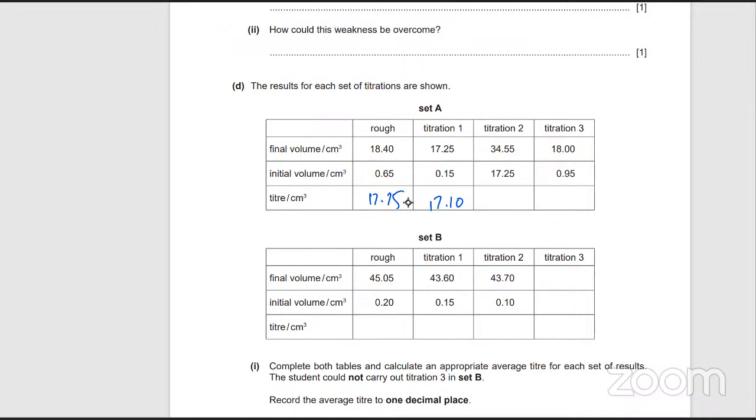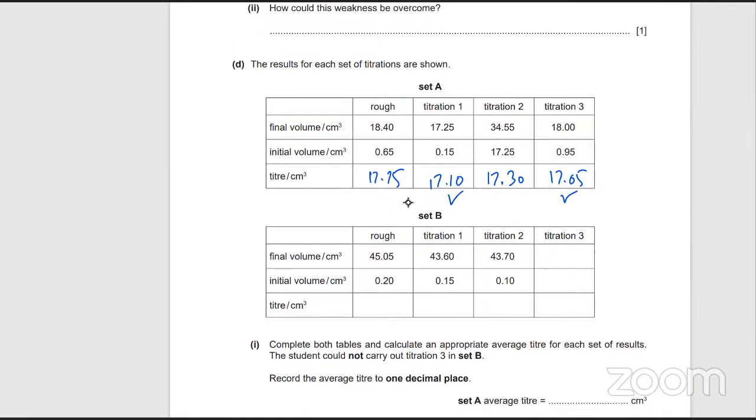What is this? 34 minus 17 is, I think, also 17.3. ये क्या होगा? 17.05? Yeah. अच्छा, इनमें से which ones are your concordant results? 1 and 3. नहीं, 1 and 3 are not concordant. Oh, I thought 2 and 4. ठीक है, that's 1 and 3.